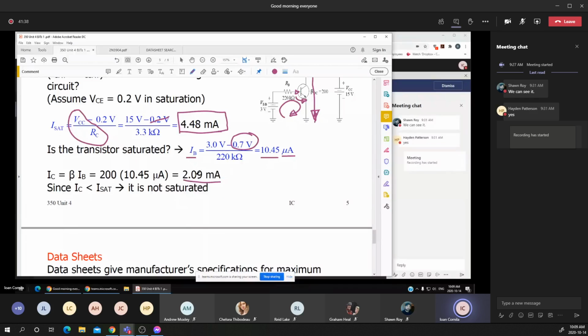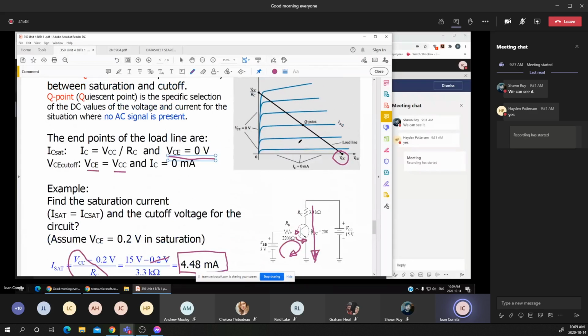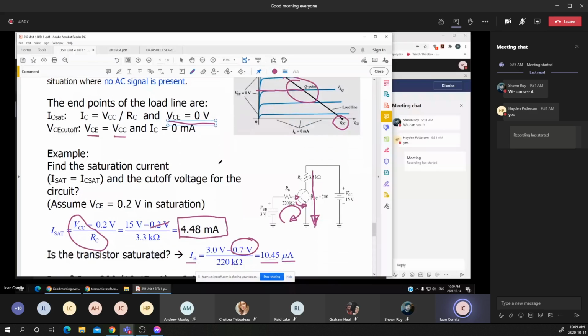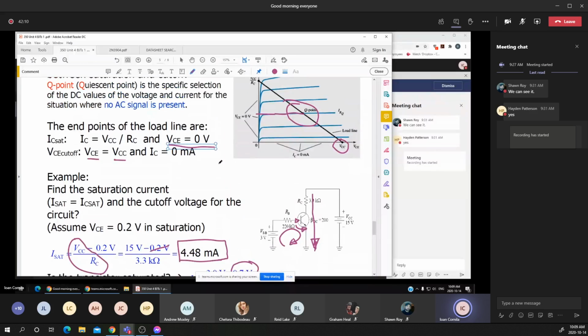Collector current is 2.09 milliamps, but the maximum current is 4.48 milliamps, which means that we are placing this transistor closer to the mid range of the load line, and this is what we are looking for most of the time when we are designing a circuit: placing the transistor on the load line by choosing the midpoint.